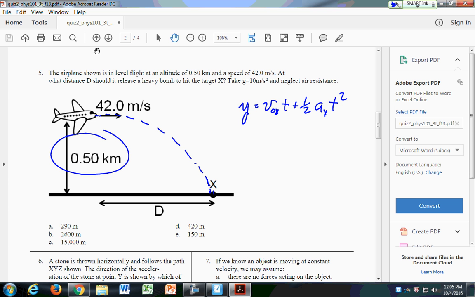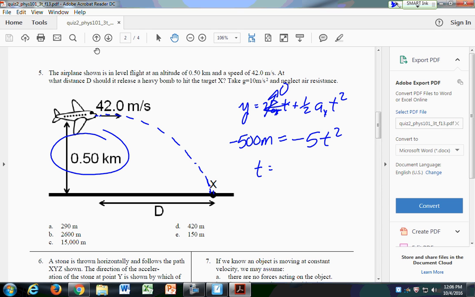V naught y, in this case, since it starts out horizontally, the y component of the velocity, what is the y component of the velocity? Well, if it's horizontal, that means there's no y component at all. So I'll just get rid of that term, that whole thing goes away, and I get negative 500 meters, because that's a half kilometer, equals negative 5 times t squared.